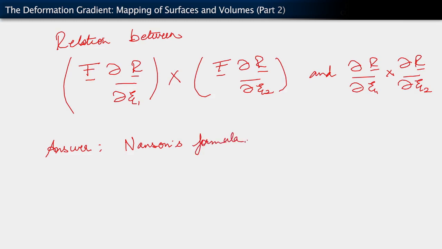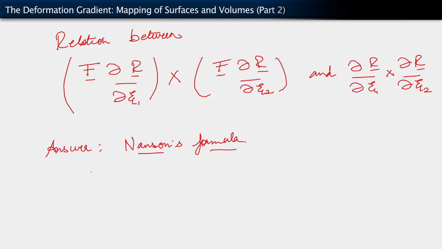Nansen's formula, we could write it out in terms of F and partial of r with respect to C1 and so on, but just for brevity, I'm going to write it out in a different form, and then we'll apply it here. I'm just going to use different labels, really. Okay, so here's how it works.